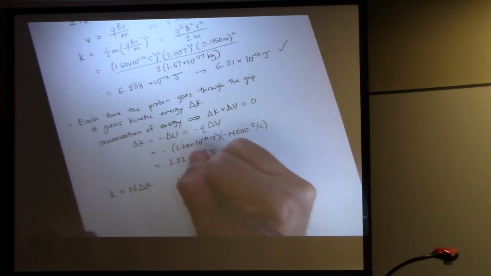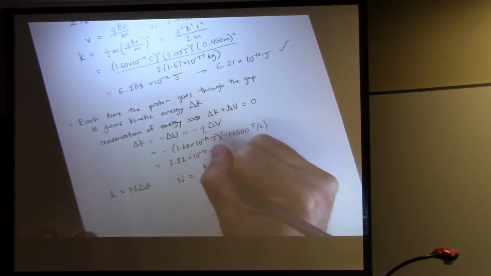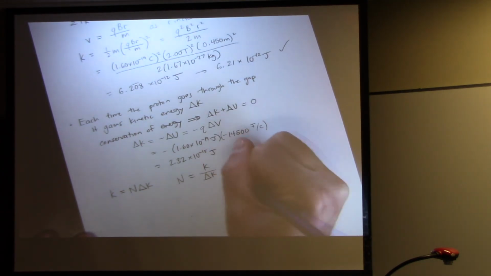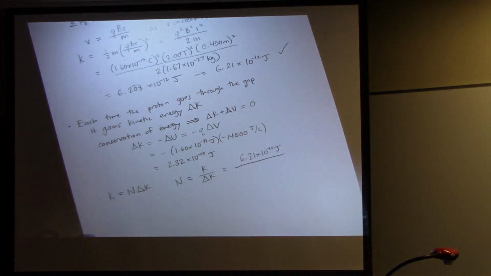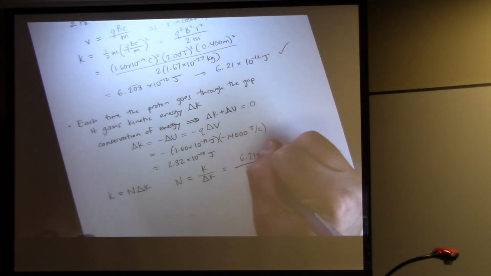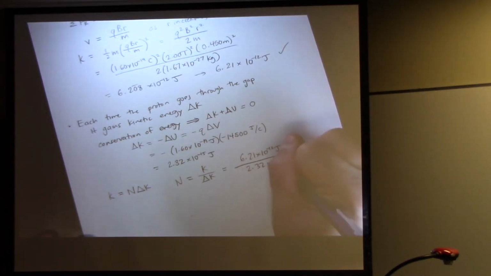So n is equal to K over delta K, which is 6.21 times 10 to the minus 12 joules, over 2.32 times 10 to the minus 15 joules.